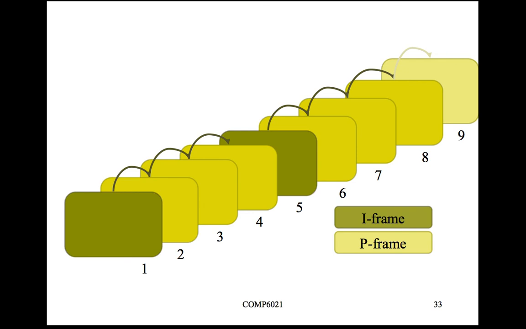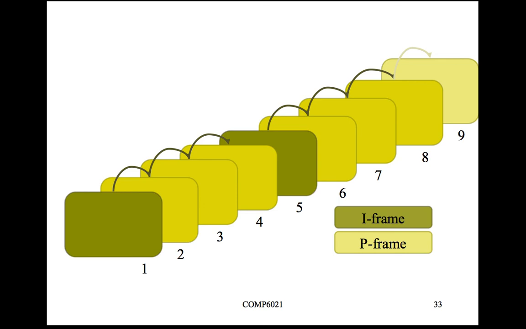I'm tempted to say that frame 8 could use frame 6, for example, but you wouldn't want to do that because frame 7 would have better information than frame 6. But you certainly wouldn't go from frame 8 back to frame 3, because you have this I-frame here, which is really, really good quality. So it's more up-to-date information and full quality.